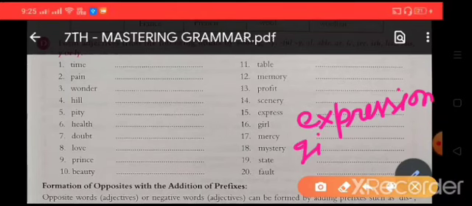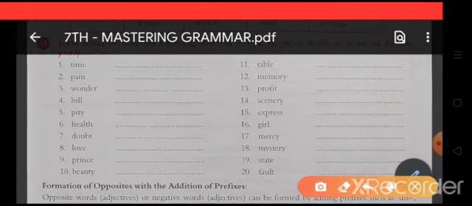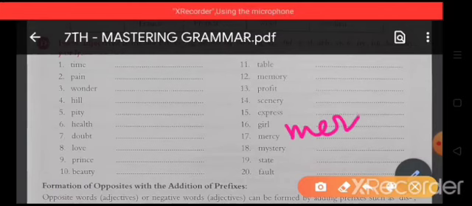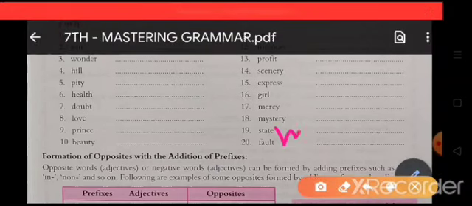Girl, girlish. Mercy, merciful. Mystery, mysterious.